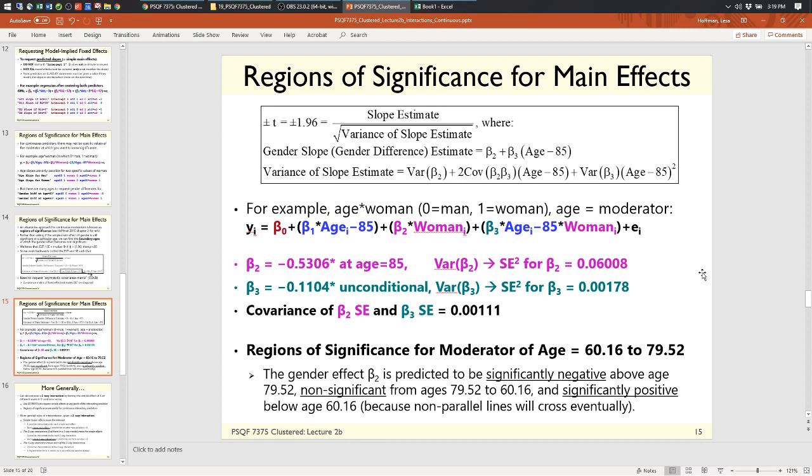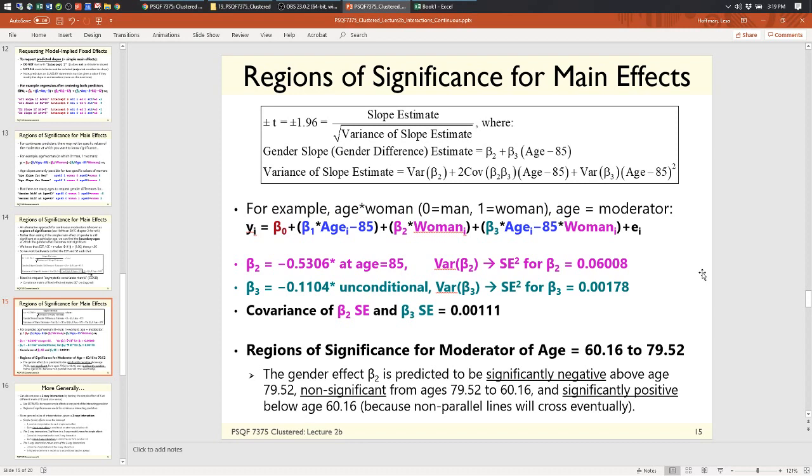For every year younger, the gender effect becomes weaker, less negative by 0.11. You trace this out, 60 is the point where it becomes positive. The question is, do you have anybody up here? Anything of 80 or higher, it's significantly negative. Anything between 80 and 60, it's 0. And anything below 60, it's going to be positive.